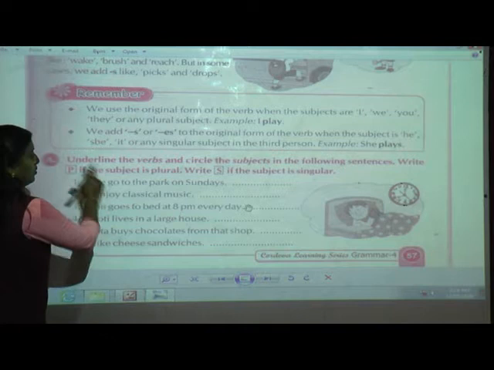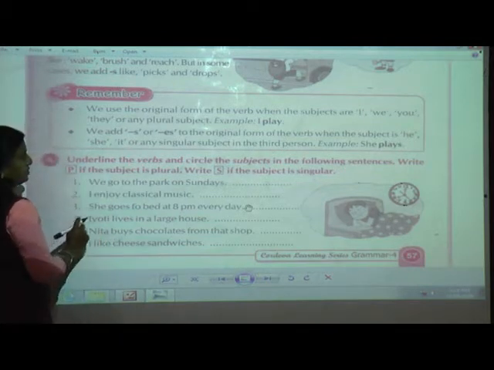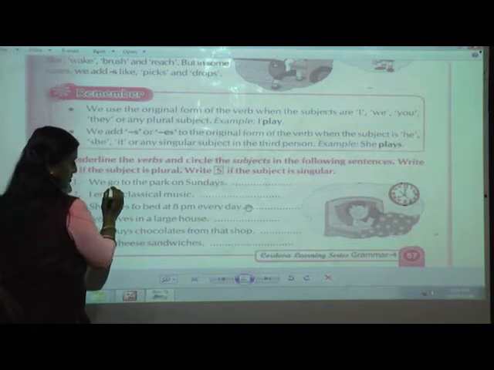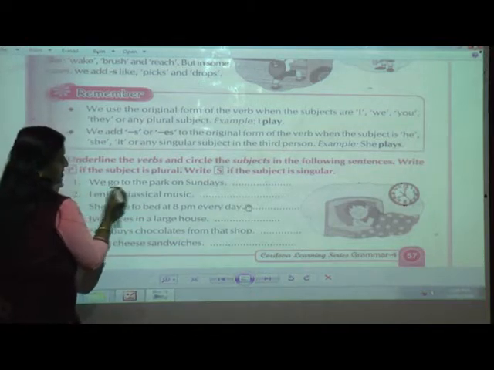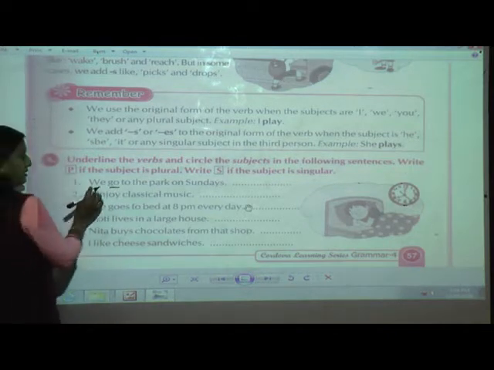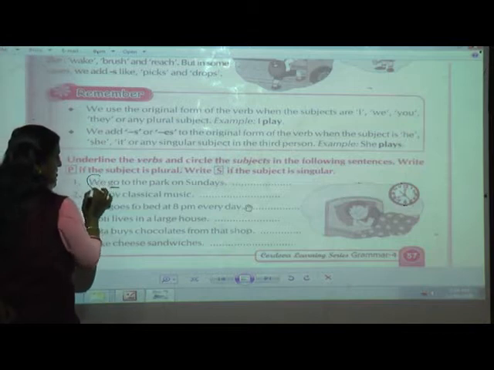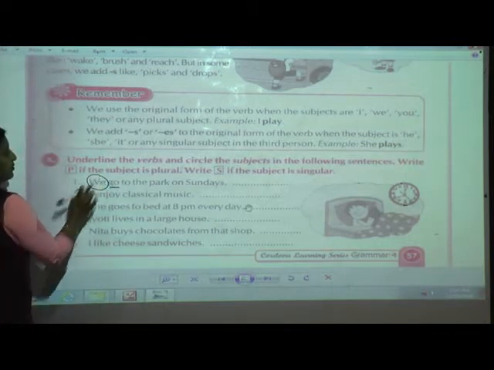Yes, we. So what is the verb over here, students? Go. So we have to underline the verb in a straight line and circle the subject. What is the subject over here? Yes, we is the subject. Okay, so you have to do it like this.